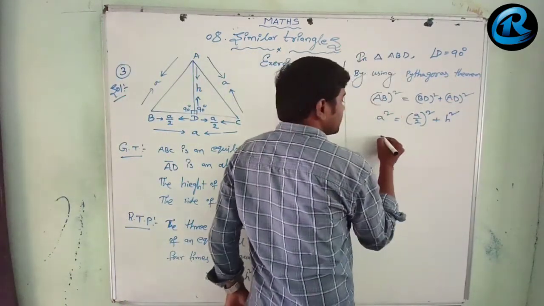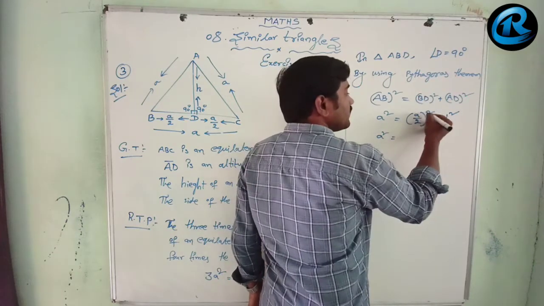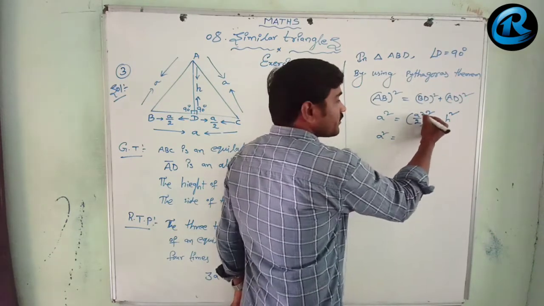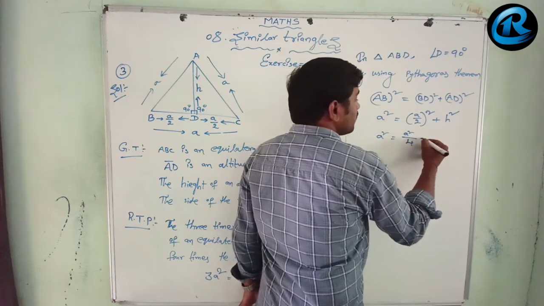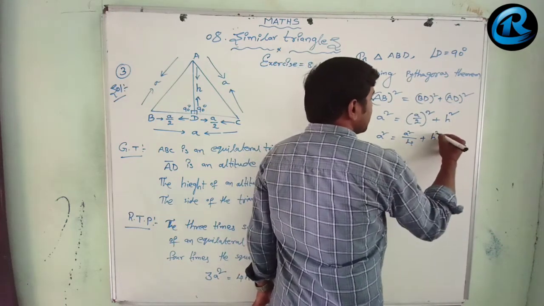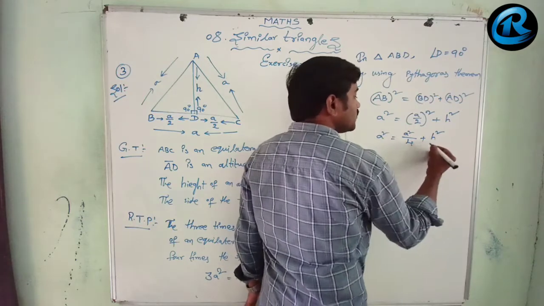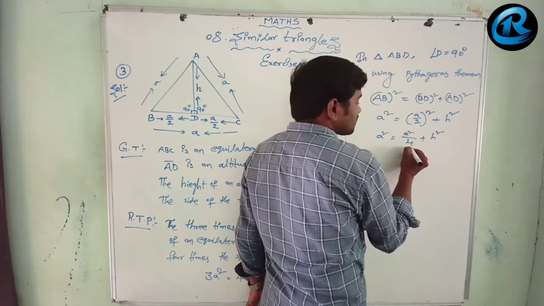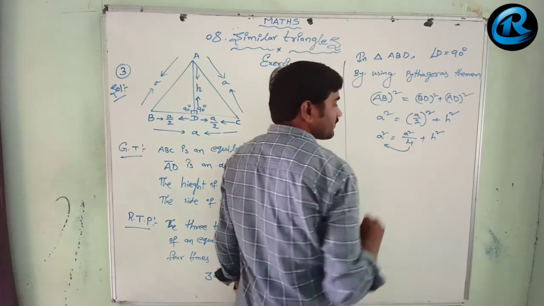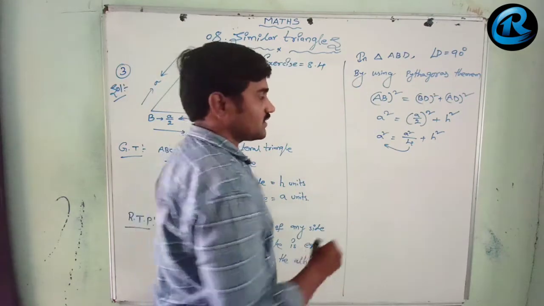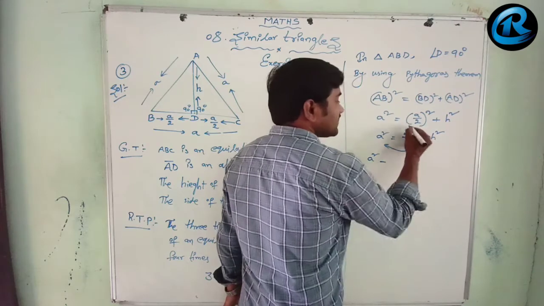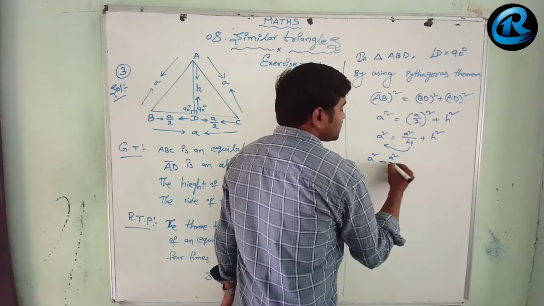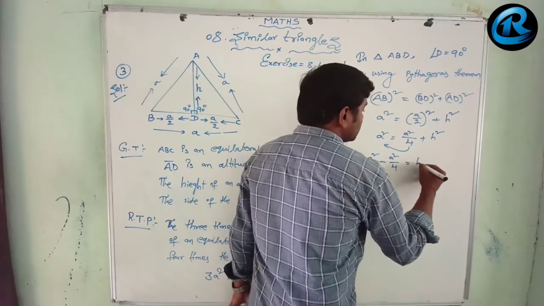Now let us make it square. Here it is a square equal to, this square is for numerator and denominator. Now let us write here a square by 2 square value is 4 plus here it is h square. Now what we have to do? Simple thing. This a square by 4 will transfer this side. So already here there is one a square. Here plus a square by 4 become minus a square by 4, that equal to h square.